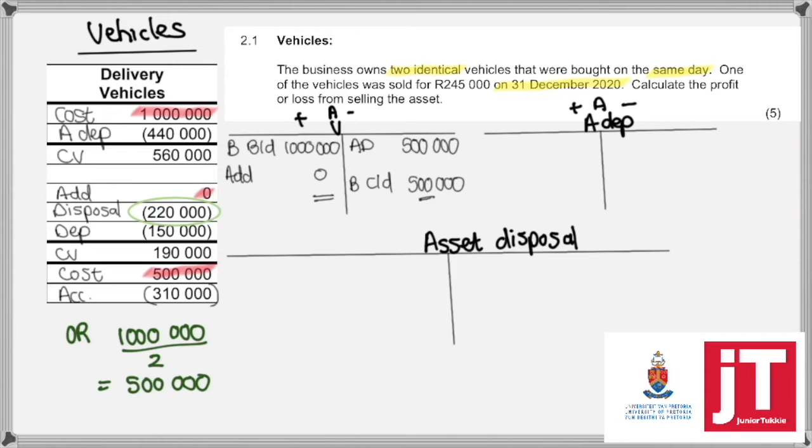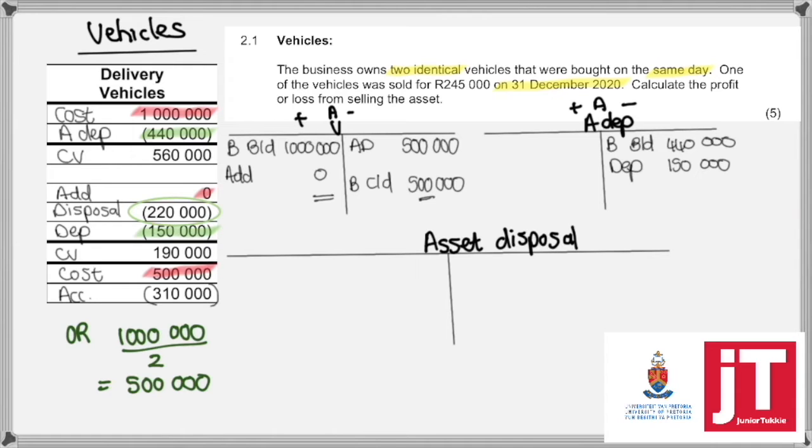Be careful with the accumulated depreciation. The accumulated depreciation in the beginning is 440,000. The total depreciation is 150,000. Remember, it consists of the old plus the new plus what we've sold. So there weren't any additions.